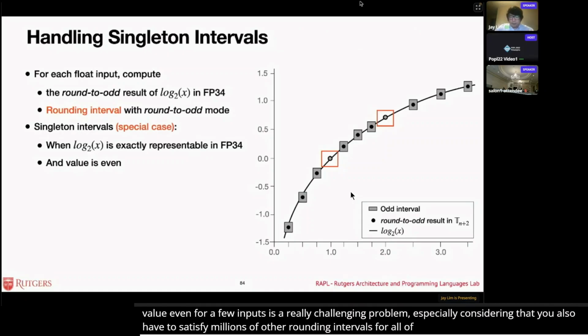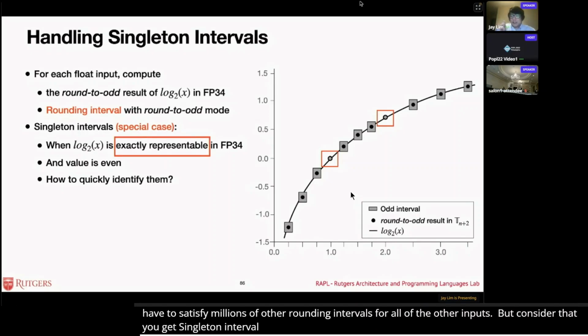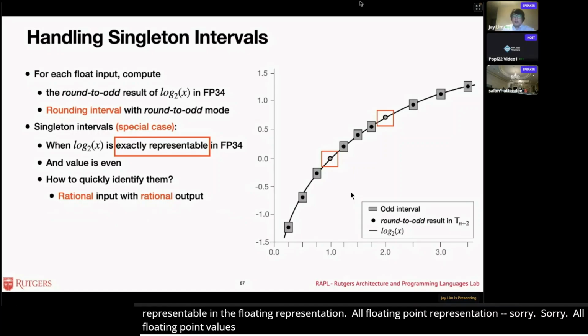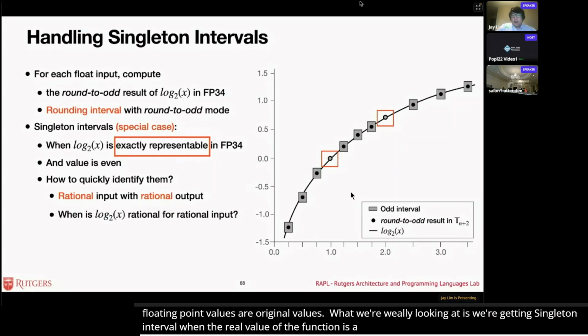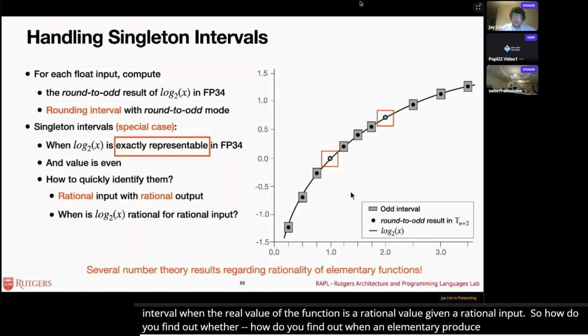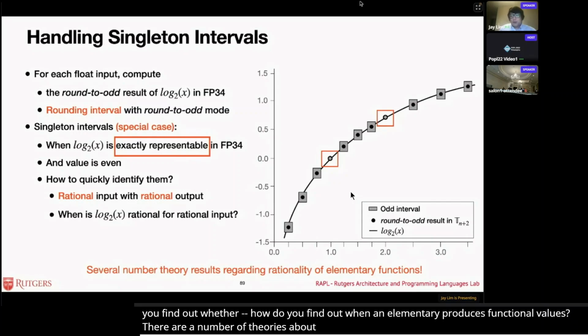But consider that you get a singleton interval when the real value of the elementary function is exactly representable in a floating point representation. And all floating point values are rational values. So what we're really looking at is that we get a singleton interval when the real value of the elementary function is a rational value given a rational input. So then, how do you find out when an elementary function produces rational values? Well, there are tons and tons of mathematical results in number theory about when elementary functions produce rational values.